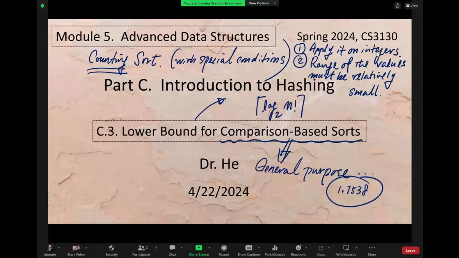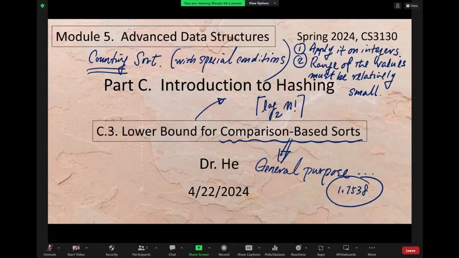So then the counting does not help. If the range is large, we would rather do comparison, right? So the reason we want to restrict the range to be relatively small is because we want to get better performance than the general purpose sorting algorithms. So that's the special sort. But here I only want to talk about comparison-based sorts.